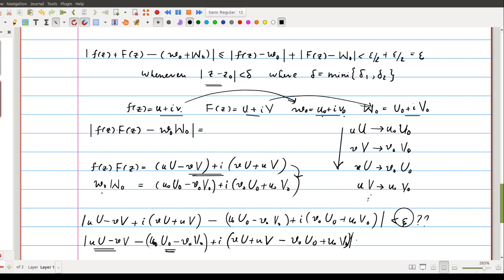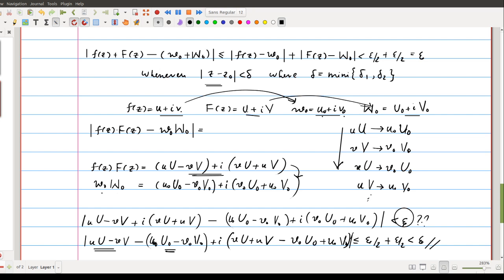We use the triangle inequality to write the modulus of the first two quantities plus the modulus of the last two quantities. The first quantity will be less than epsilon by 2 and this is less than epsilon by 2 because of these limits. So this is made less than epsilon, which proves the product rule of limit.